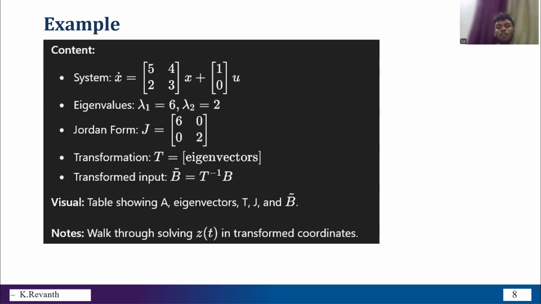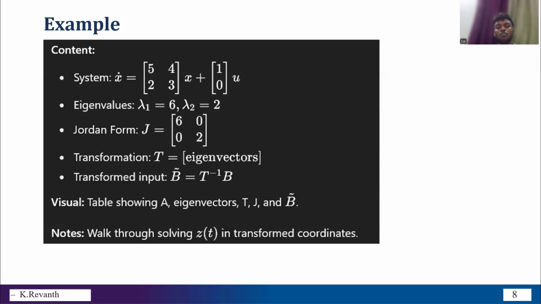Now when we find eigenvectors, we get only one independent eigenvector. (A minus 5I) V equal to 0, where V1 equals [1, 0]. Because we need two vectors for a 2 by 2 matrix, we find one generalized eigenvector V2 such that (A minus 5I) V2 equal to V1. Solving gives V2 equal to [0, 1].